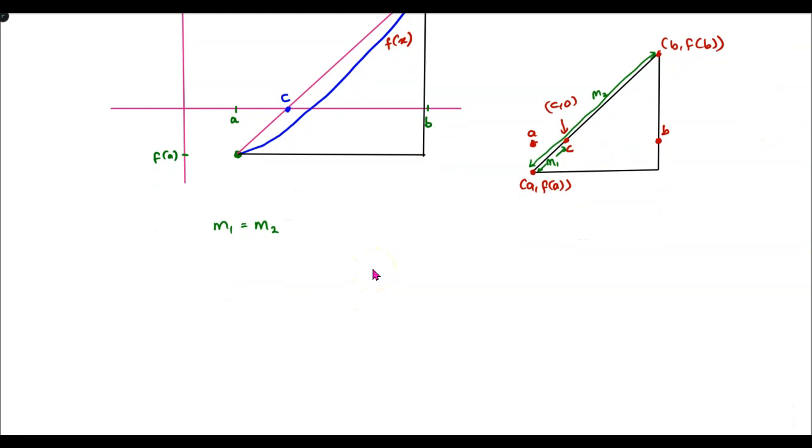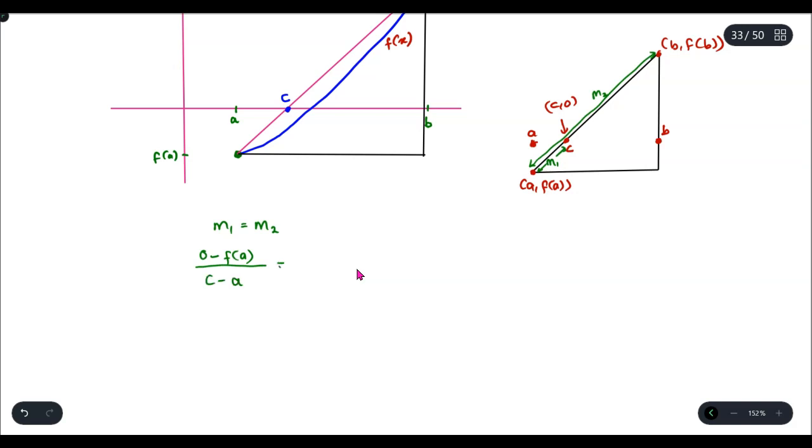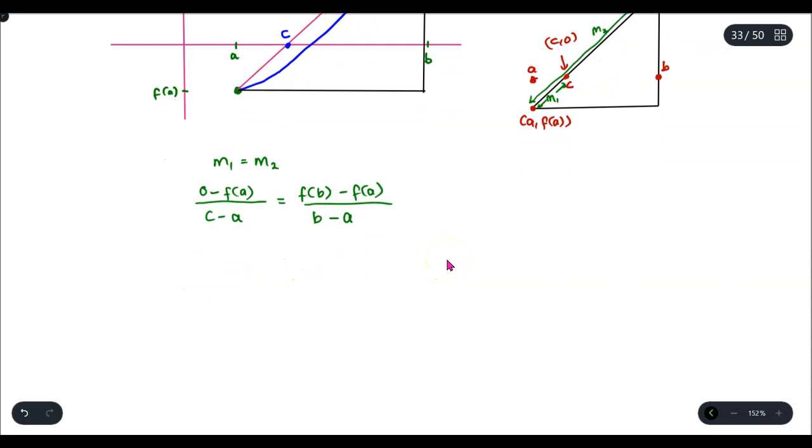The formula to get the slope M1 is given by (0 minus f(a)) over (c minus a), which is equal to the slope M2, which can be obtained by (f(b) minus f(a)) over (b minus a). With very simple algebraic manipulation, we can form the formula for C.